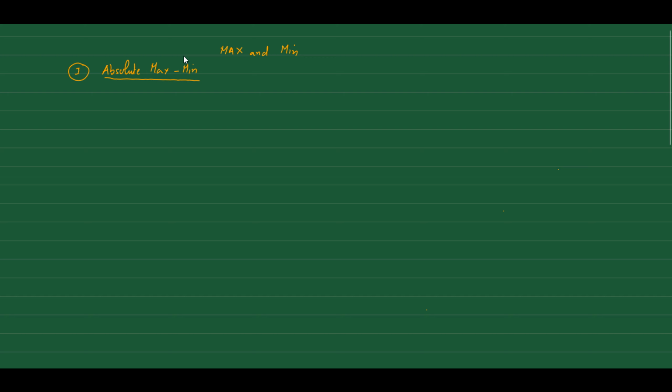So the absolute max and min here means the maximum is the highest point and the minimum is the lowest point in the graph. It's the coordinate of the highest point and the lowest point in the graph.